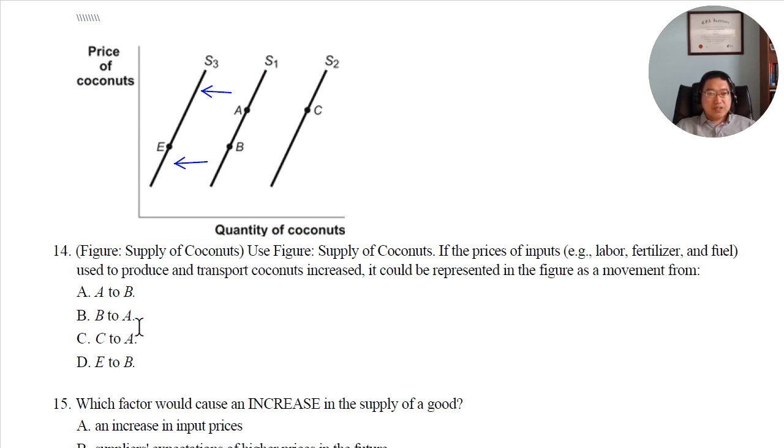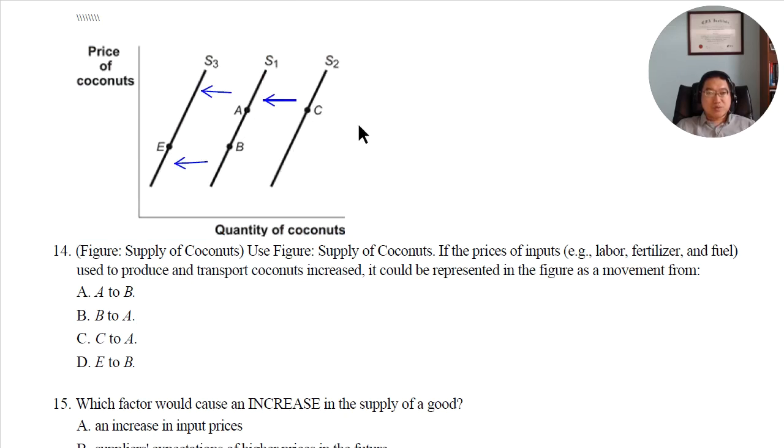A to B, B to A, the first two choices, these are movements along a supply curve, right? So if it's C to A, yeah, that is actually a possibility. C to A is a possibility because it represents a movement, right?